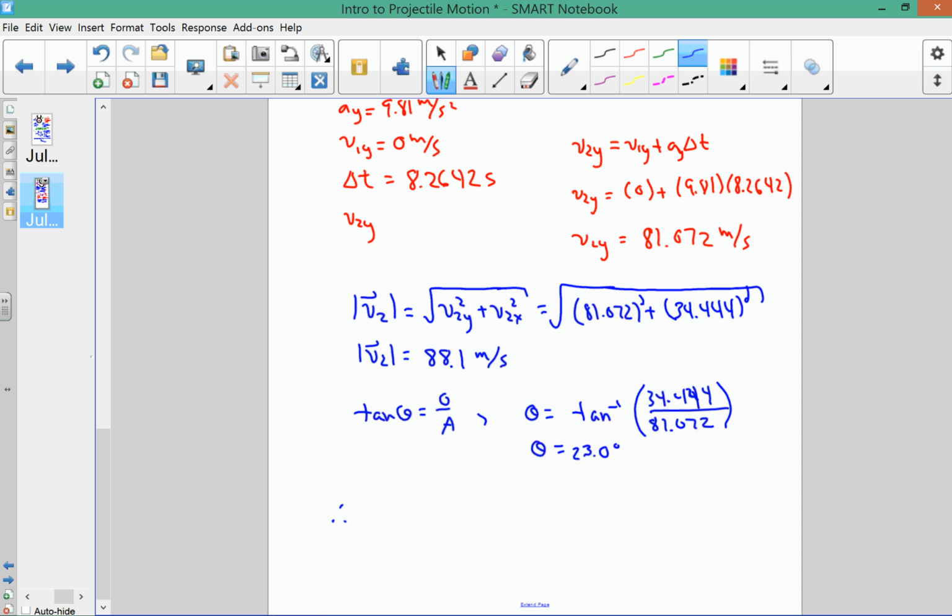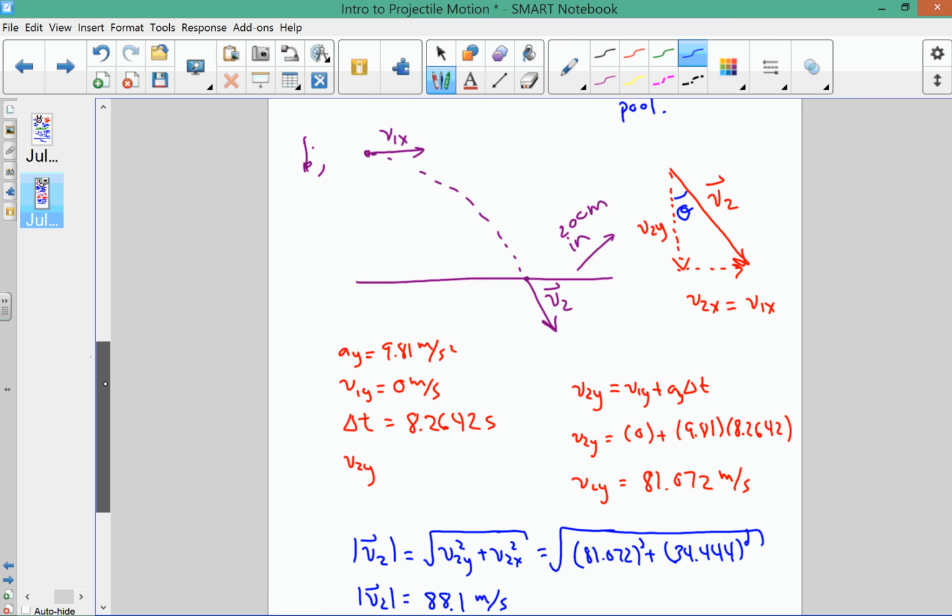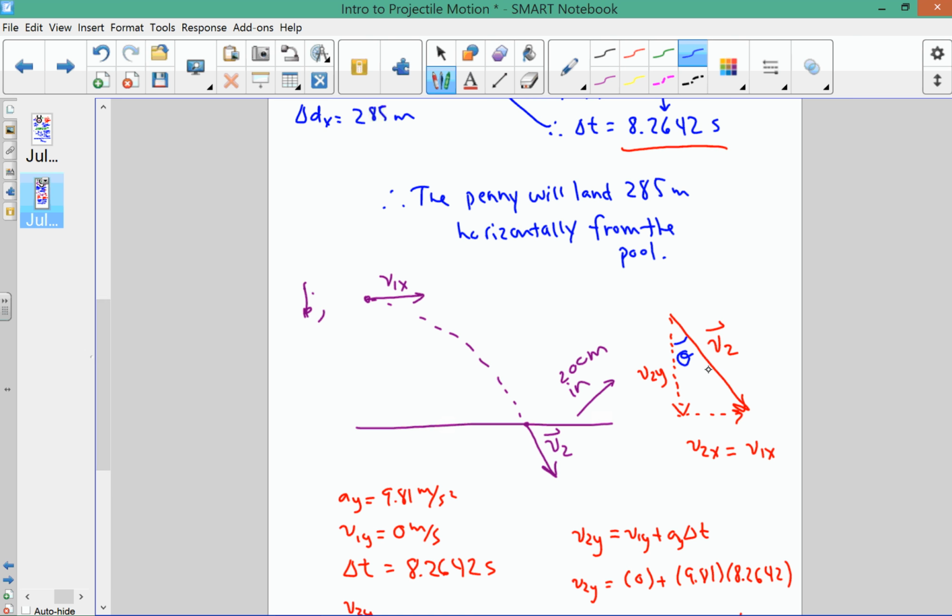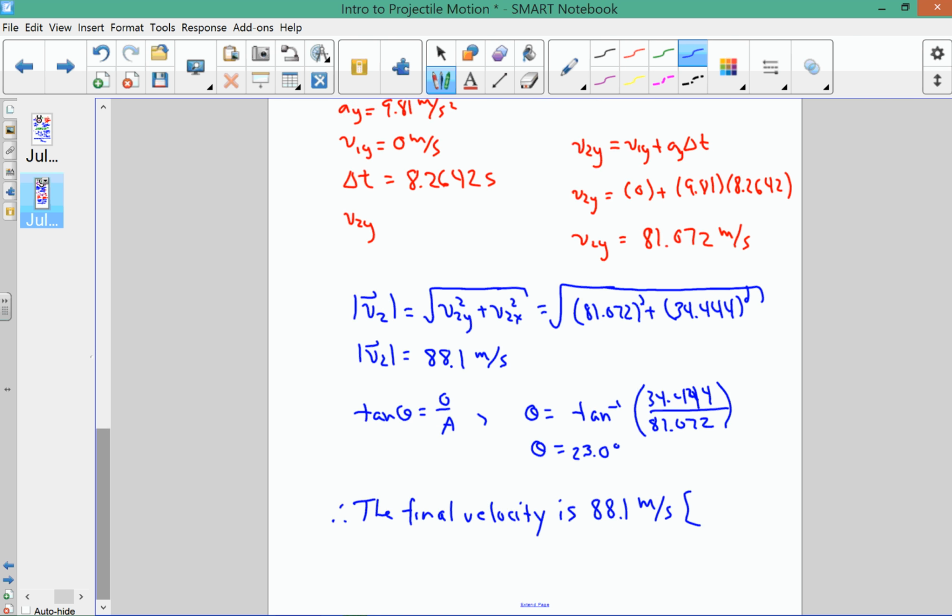So our final answer is the final velocity of the penny is 88.1 meters per second. And in terms of our direction, this is 23 degrees above the vertical.